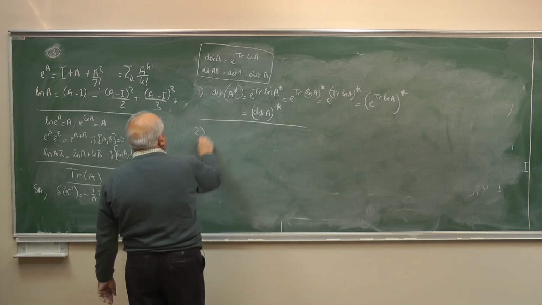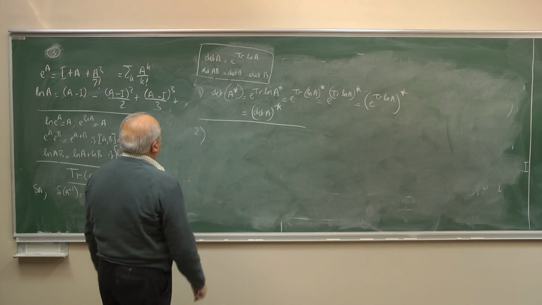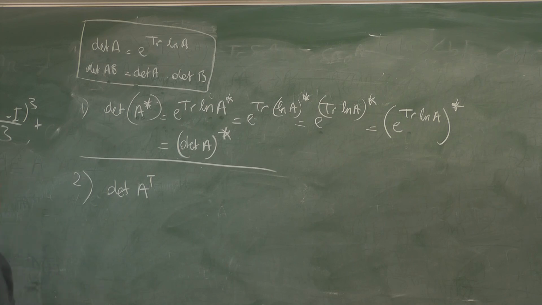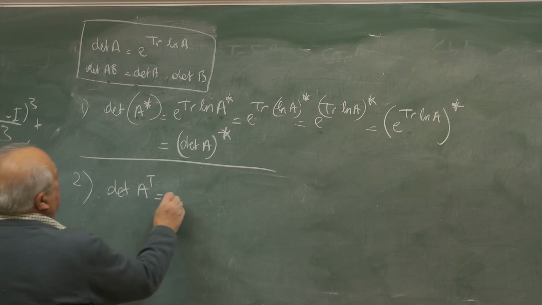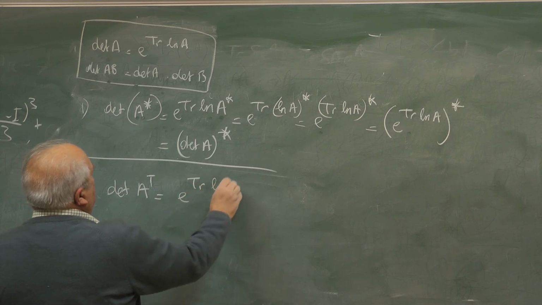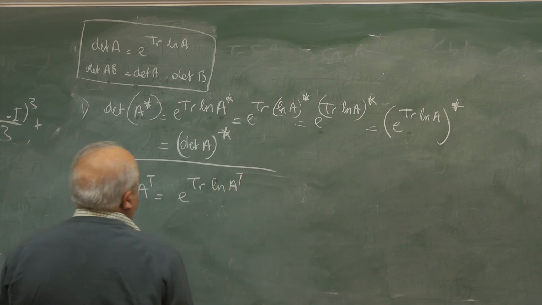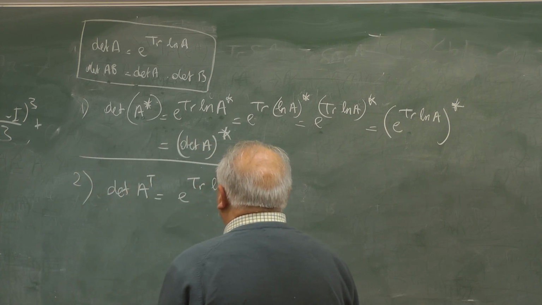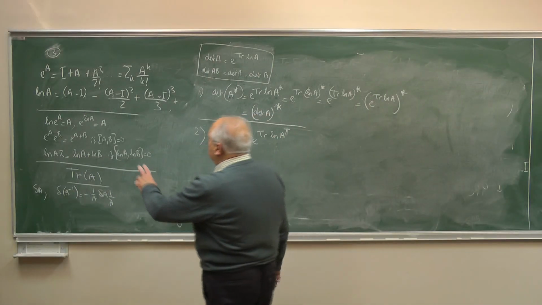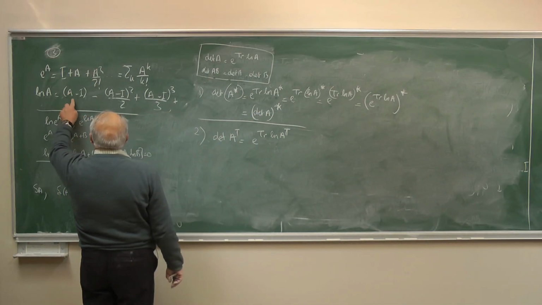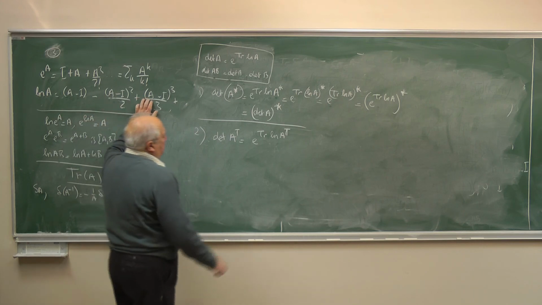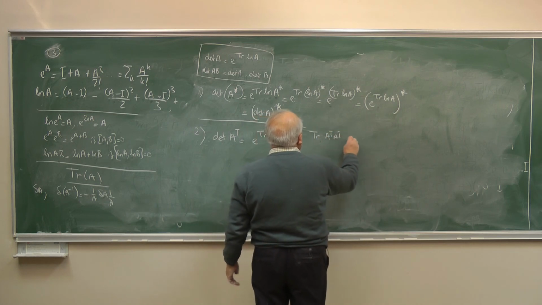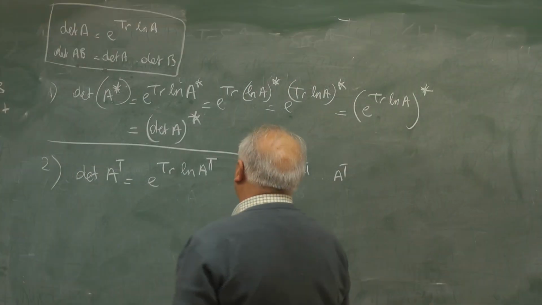2. Determinant of A transpose. So this is e to the trace log A transpose. In general, we have this term, trace of A transpose to some power.